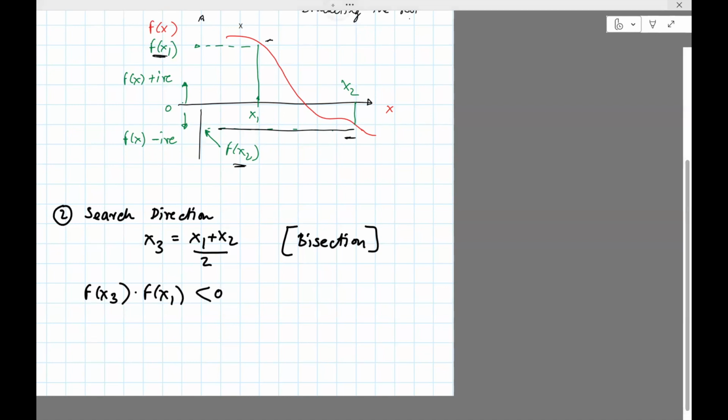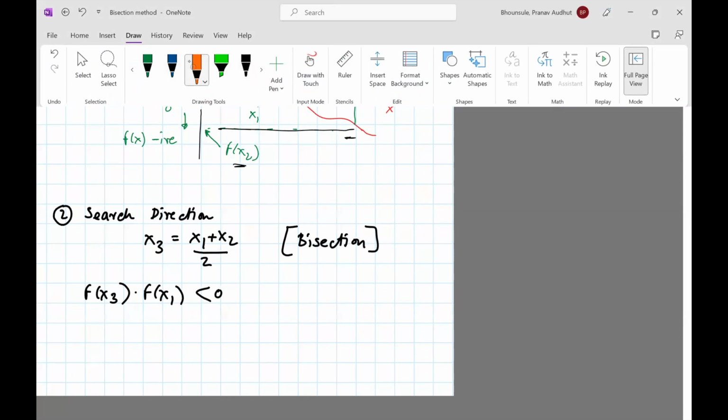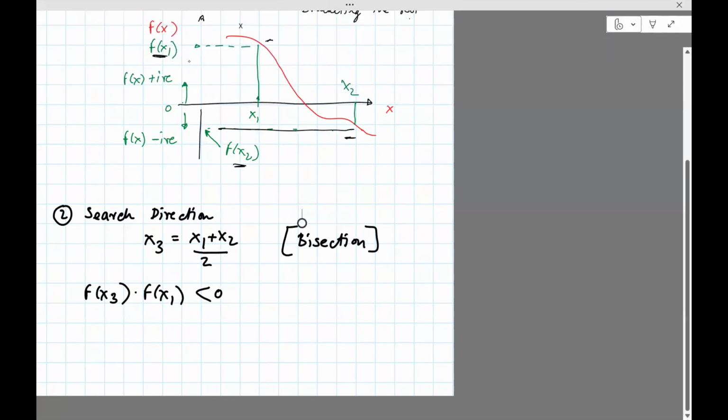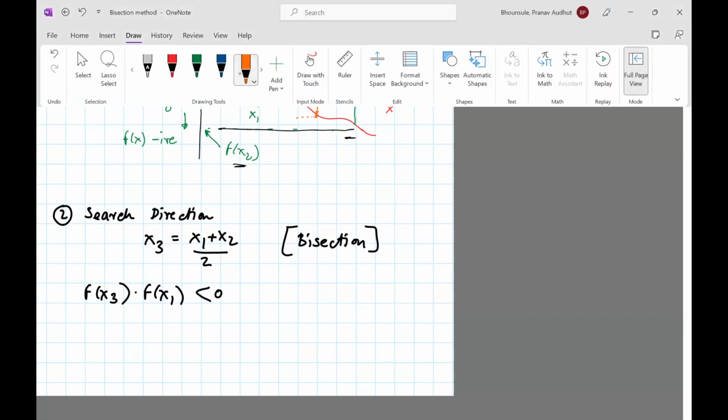What that means is we chose this point x3 to be here, and if you take the product of f of x1 and f of x3, you're still bracketing the root.